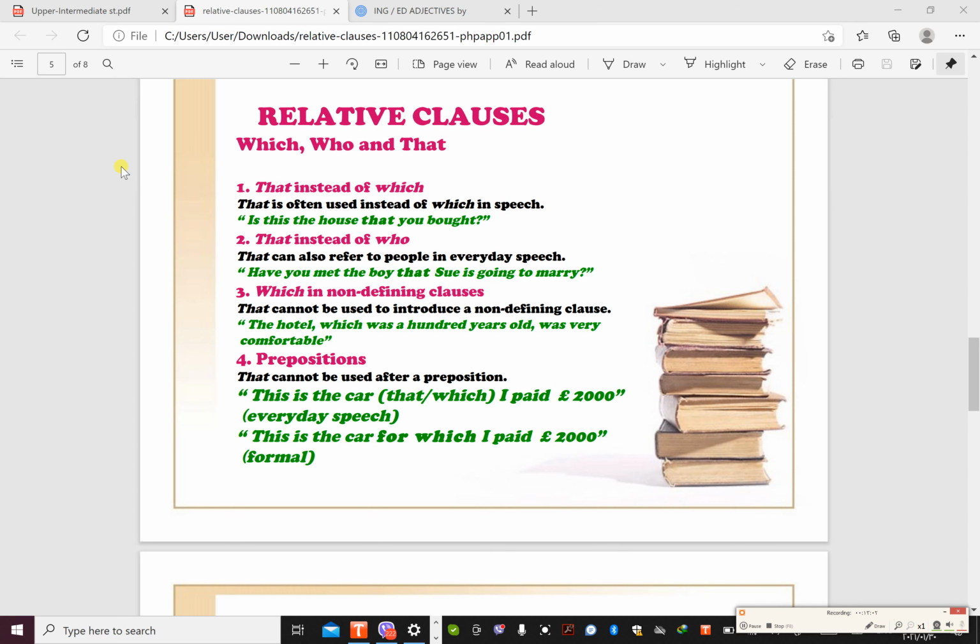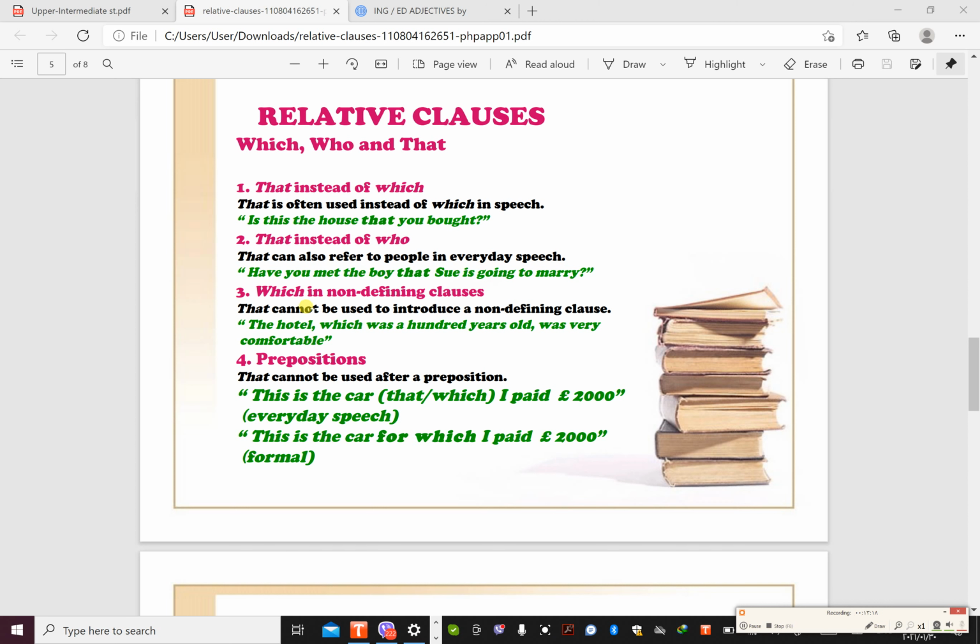Which is also the same thing, but for who I use it for people only، استخدمها للأشخاص فقط.